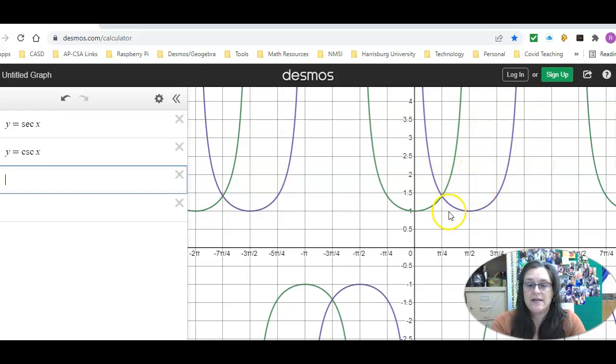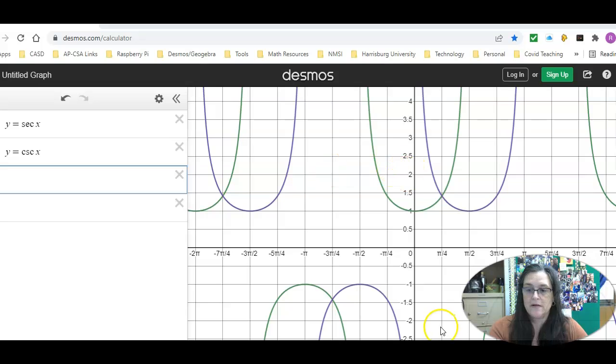They have the same magnitude of their extrema. So the relative minimum of both secant and cosecant is 1. The relative maximum of secant and cosecant is -1. The locations of those extrema with regard to the x-axis are different, but the y values of those extrema are the same.